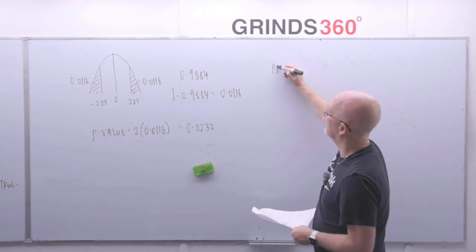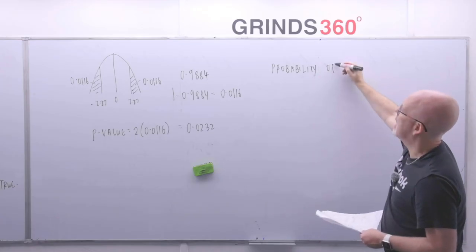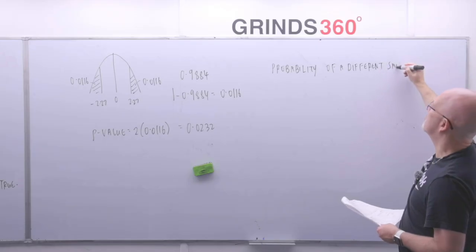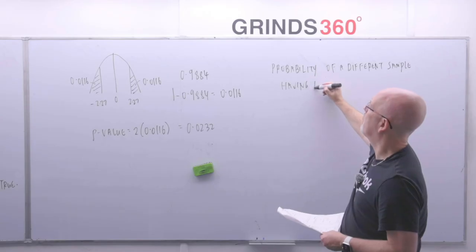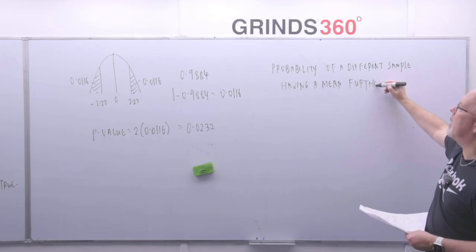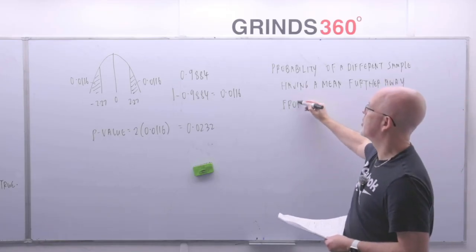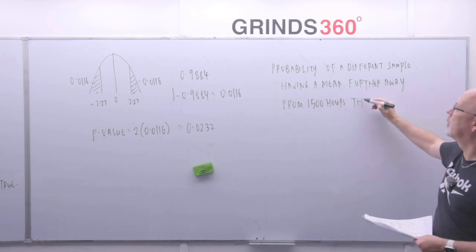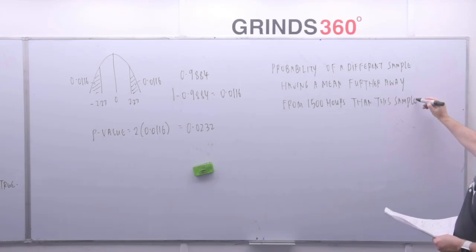Remember, the key idea to get across there, it means the probability of a different sample, whatever way you want to phrase it, just get the idea, probability that a different sample, so if I was to grab a different sample of 100 light bulbs, having a mean further away from the 1500 that was the case in the past, so further away from 1500 than this sample, is 0.023.